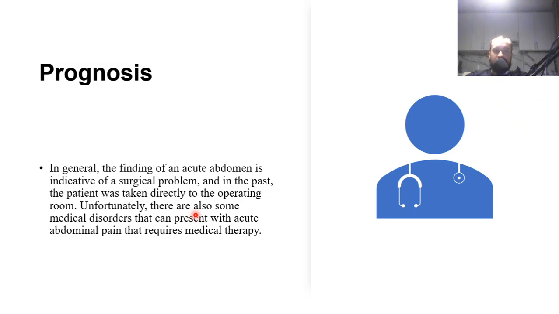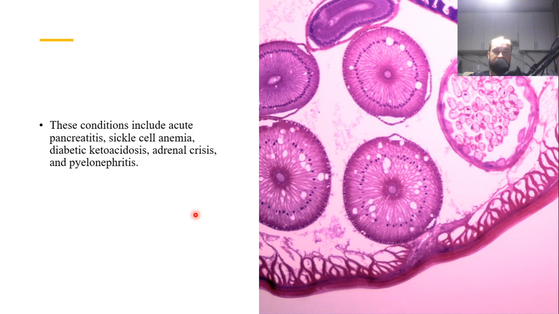In general, the finding of an acute abdomen is indicative of a surgical problem, and in the past, the patient was taken directly to the operating room. Unfortunately, there are also some medical disorders that can present with acute abdominal pain that require medical therapy.